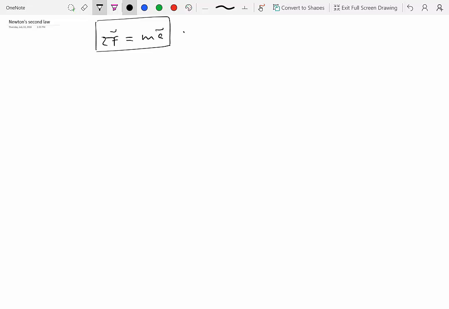So this equation is actually valid only if acceleration is measured in an inertial, or also known as Newtonian, frame.